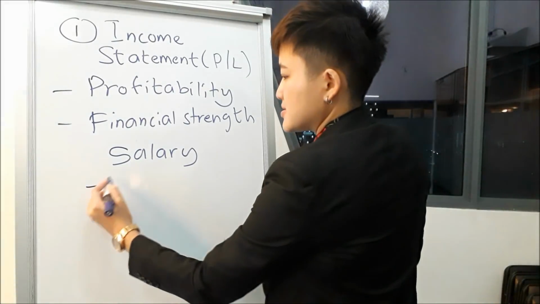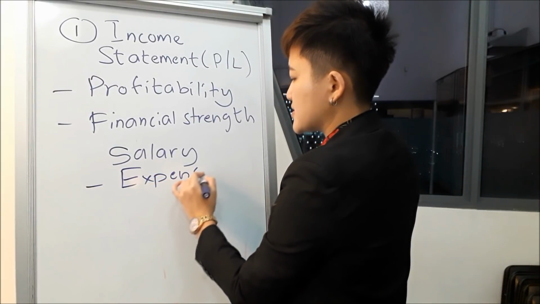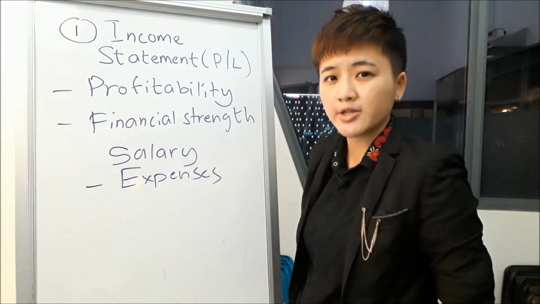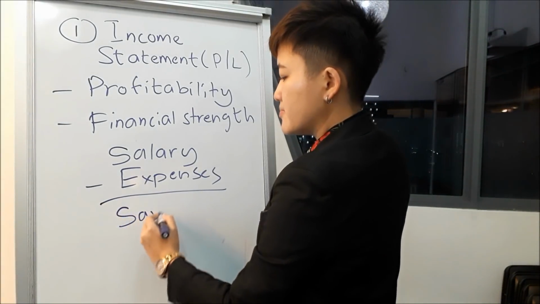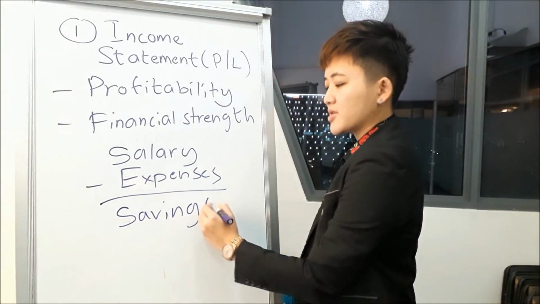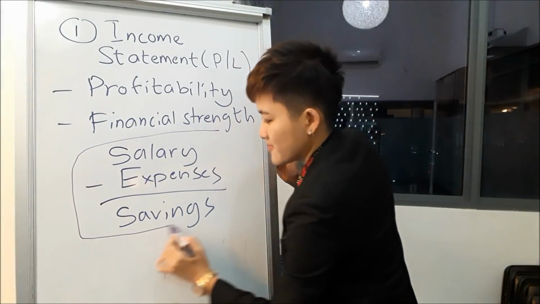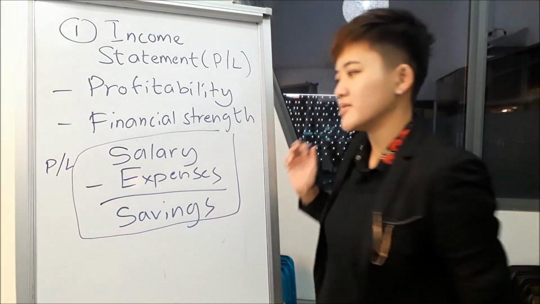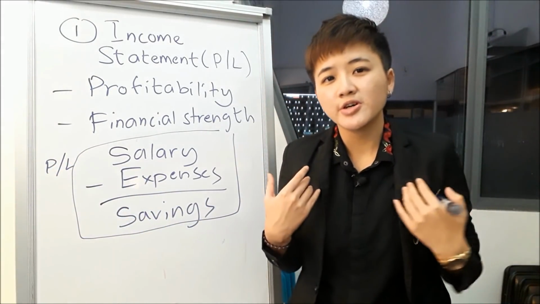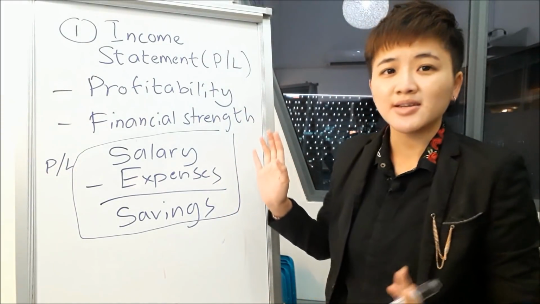So hence, once you minus off all your expenses, your rental, your car payment, to feed your dog, you would have some extra savings. And hence, this is your personal P&L. For us individuals, it's a lot more simple, but for companies, there's a lot more things than this.